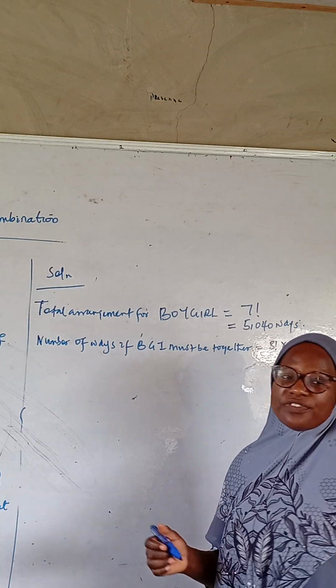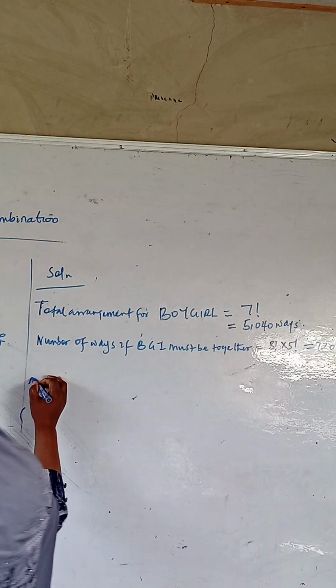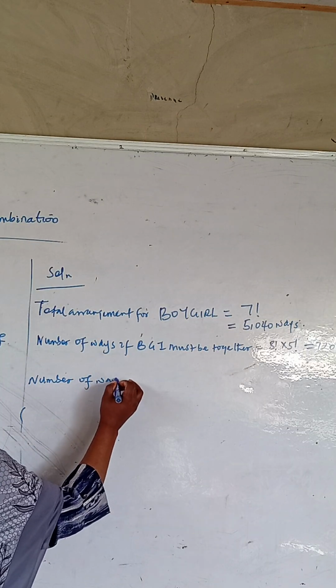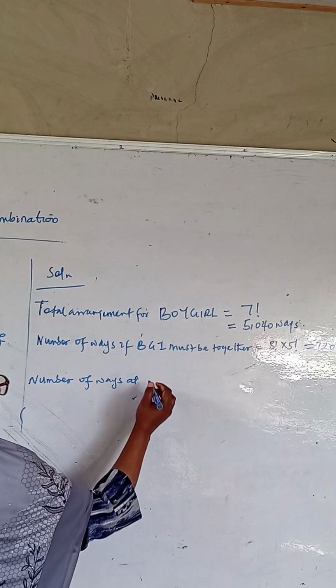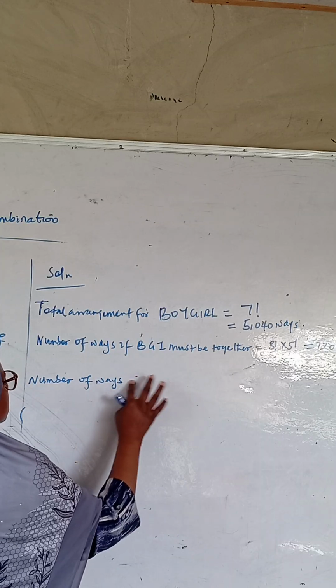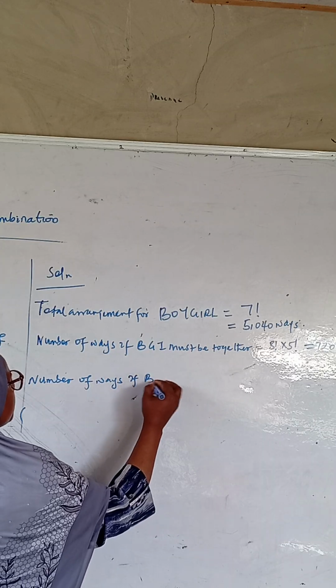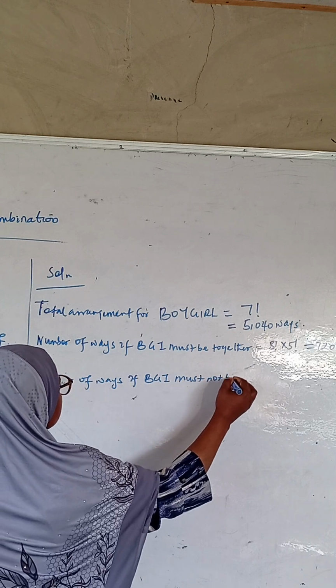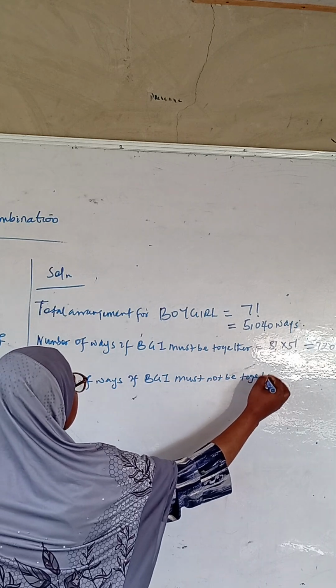Now, what they ask us to find is the number of ways if BGI must not be together.